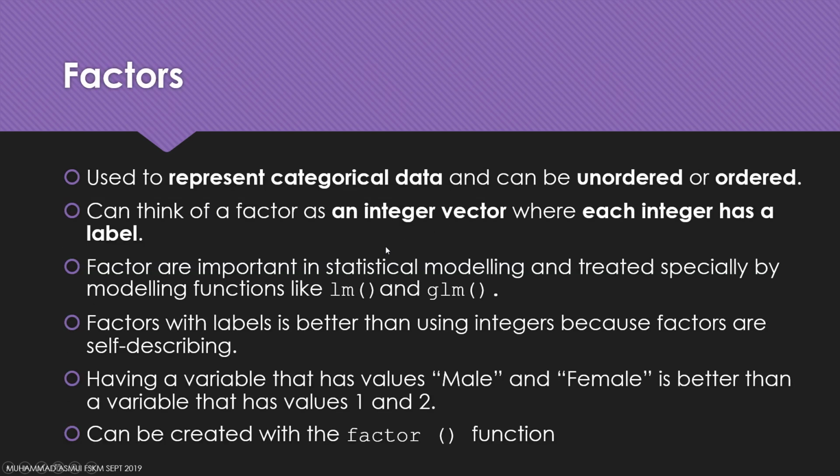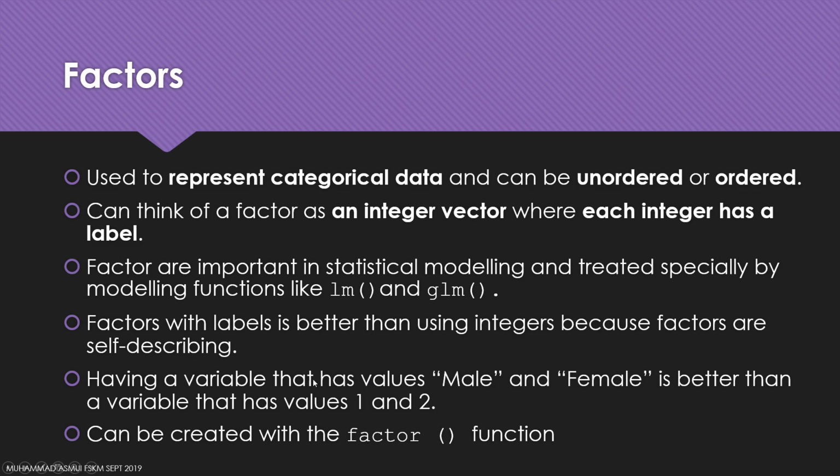Next I will explain factors. Factors are used to represent categorical data and can be unordered or ordered. As an example, male and female, 1 and 2, is an example of unordered, or what we call nominal.